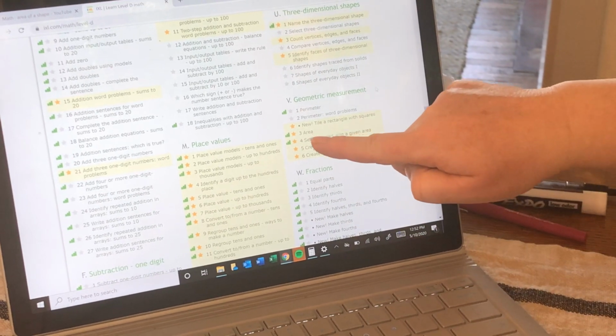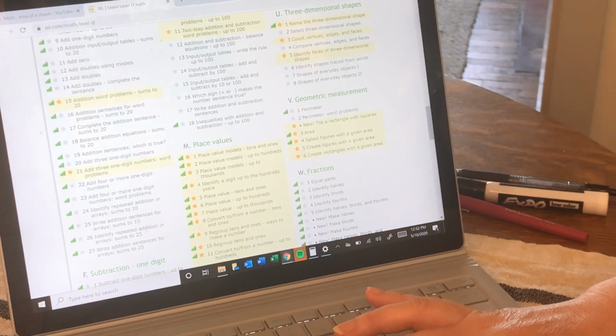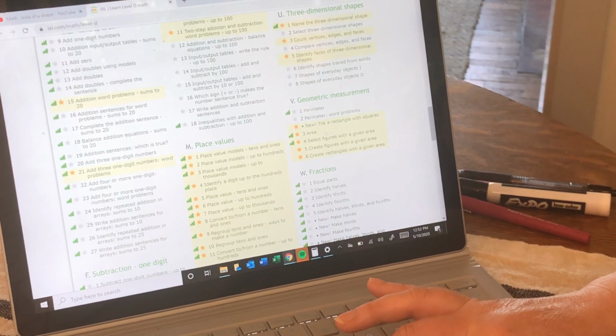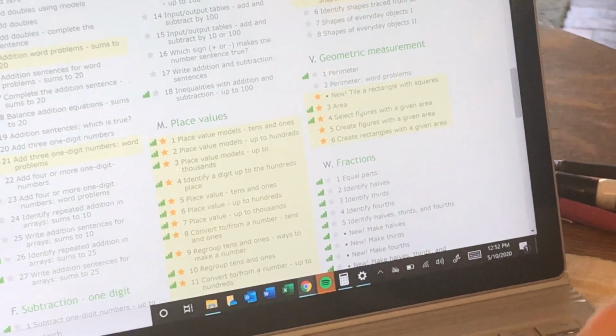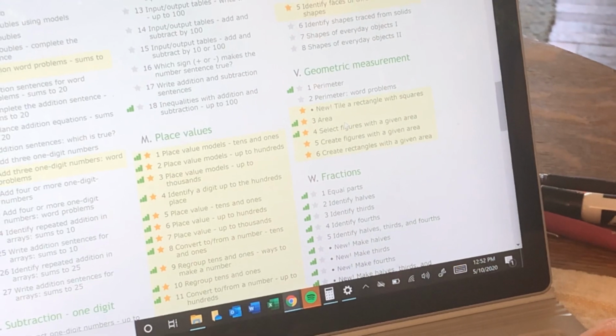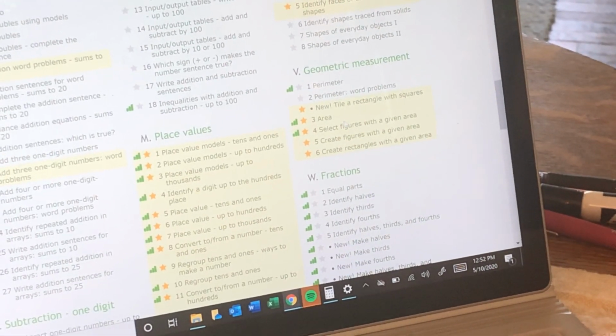And you can see the word area right there. These that have the stars next to them are what I want you to do. So this is more practice about finding the area of a shape. So your homework this week is to do iExcel Level D, Section V.